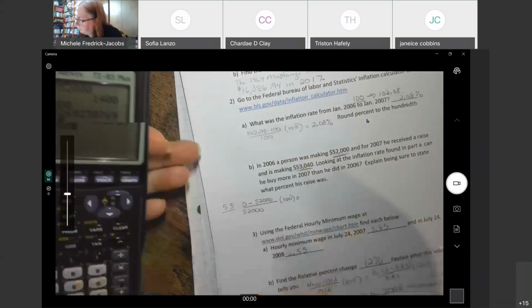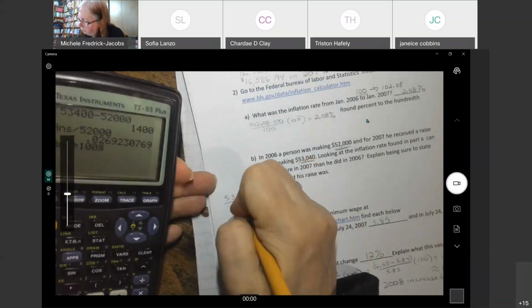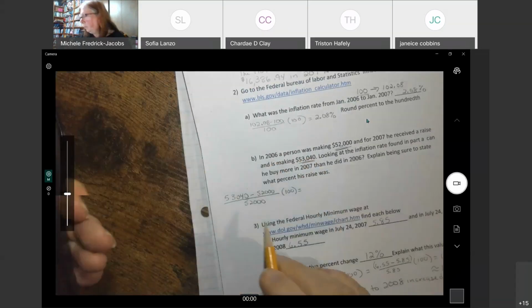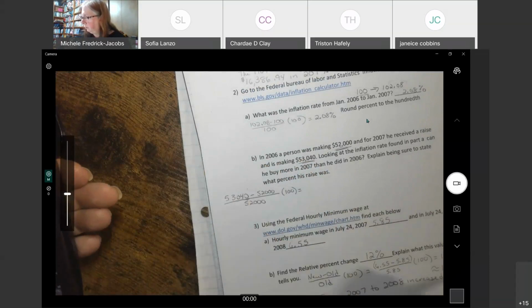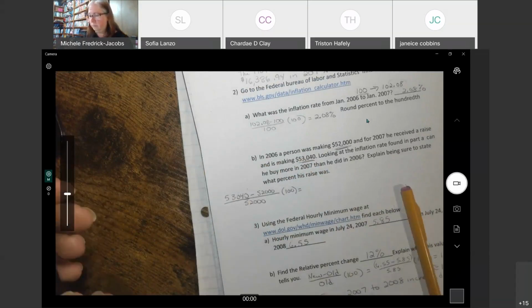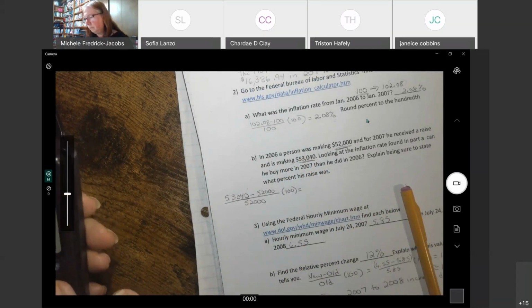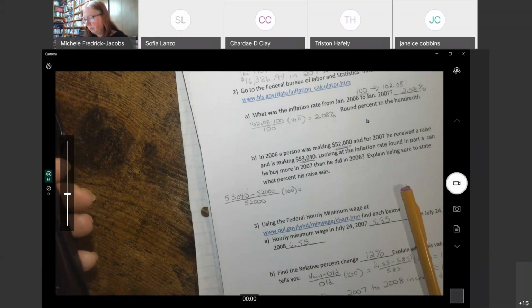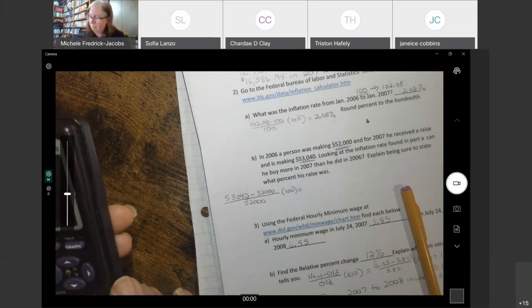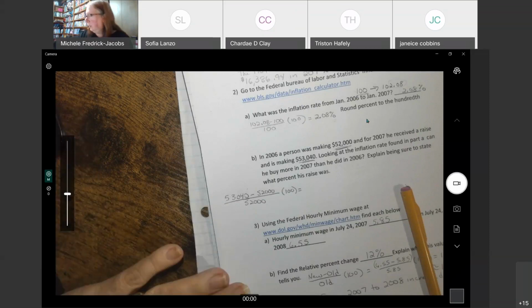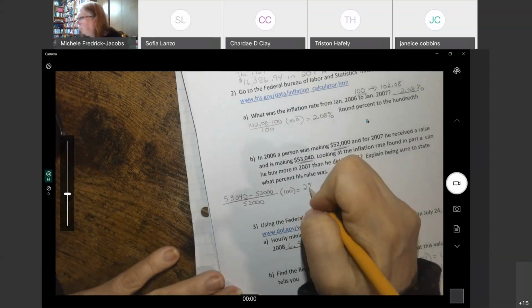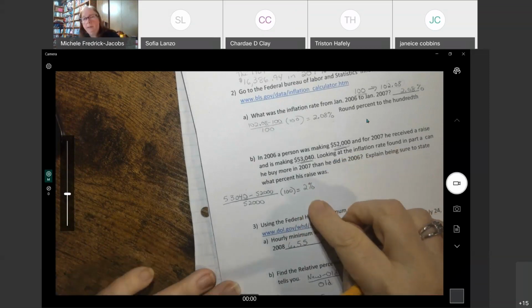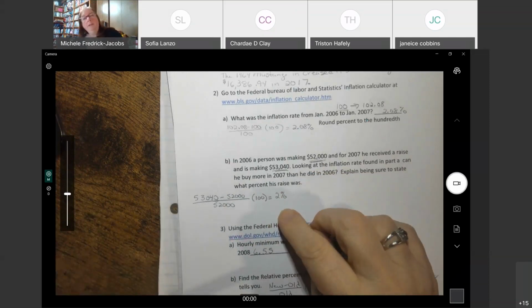I flipped my numbers. It should be 53,040. I got the number 2. So he had a 2% raise.